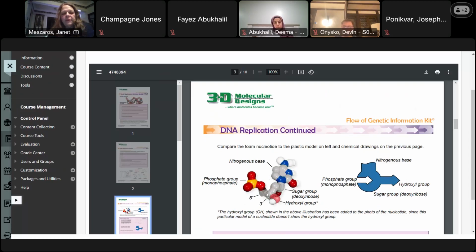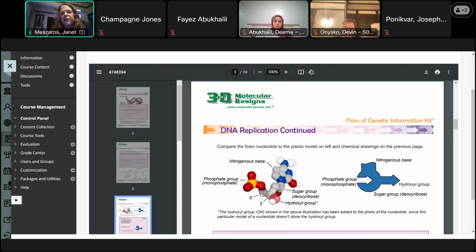Right here. And then you can see some of the carbons are labeled. They didn't label the 1' carbon, though. The 1' carbon should be here because this whole thing is the nitrogenous base. And the nitrogenous base could be adenine, thymine, guanine, or cytosine. This is deoxyribose sugar. Here's the 3' carbon. Here's the hydroxyl group, OH.